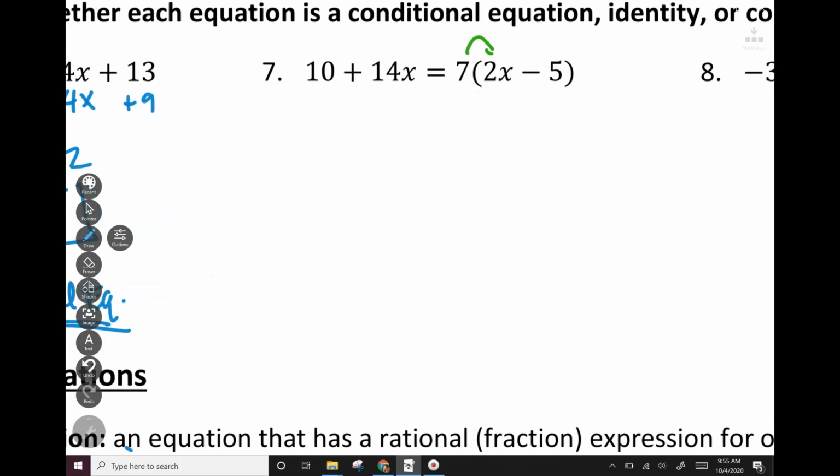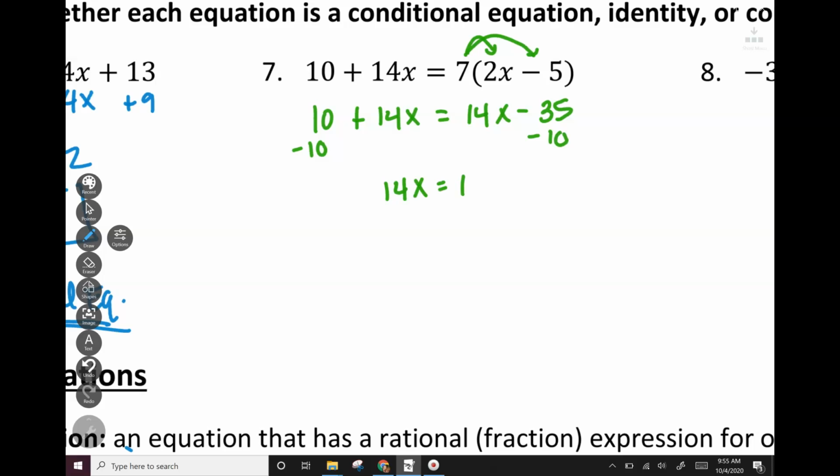Okay, so distribute the 7. And I'll subtract this 10. Subtract this 14x to the other side. Okay, notice I subtracted the 14x and all of my x's suddenly disappeared because I had 14x on both sides.